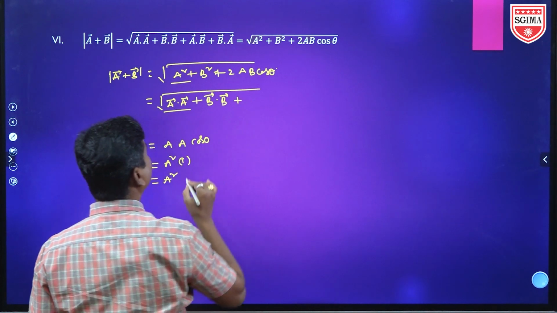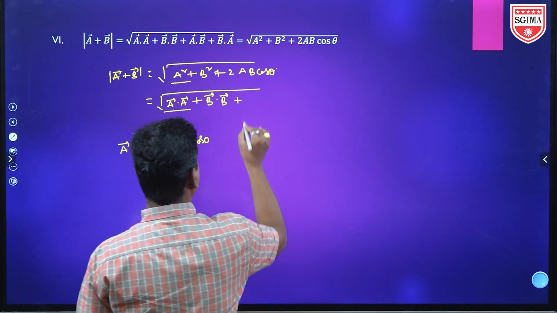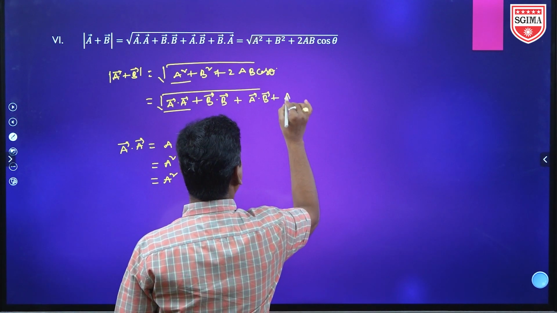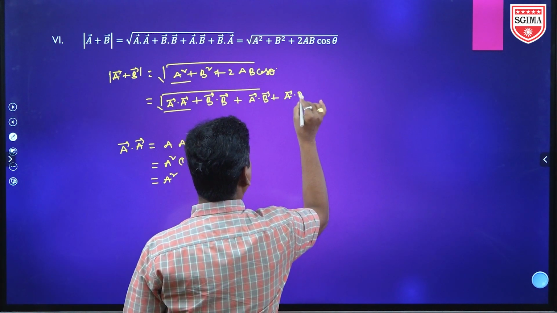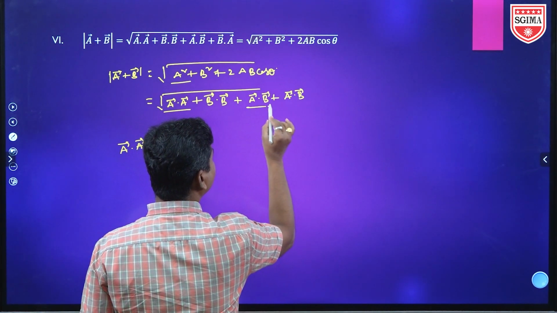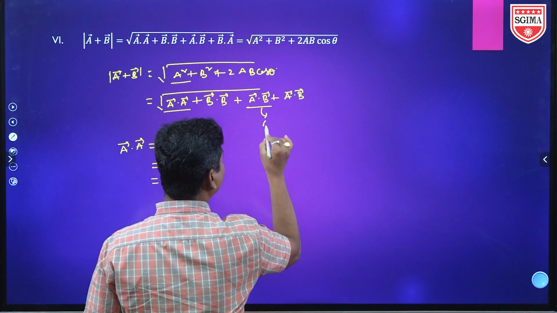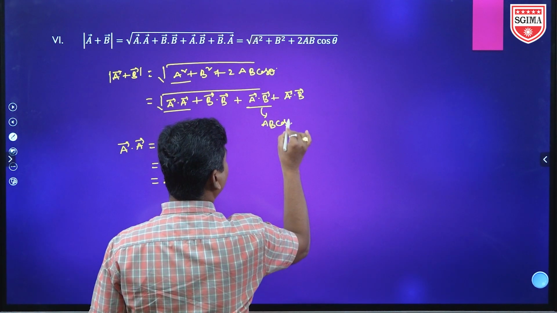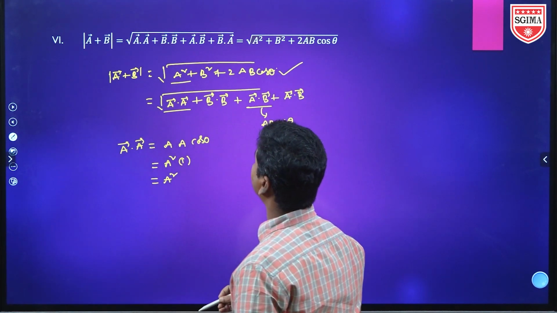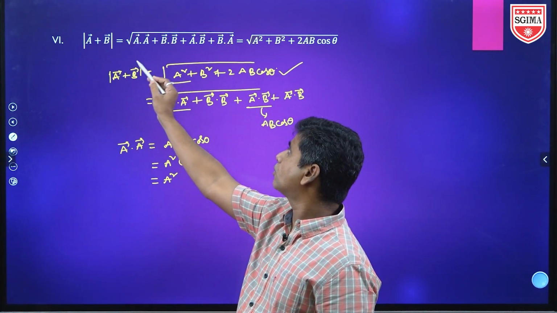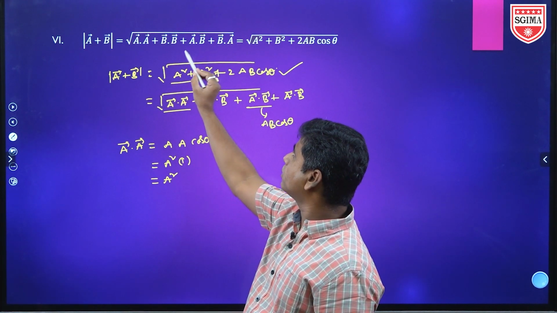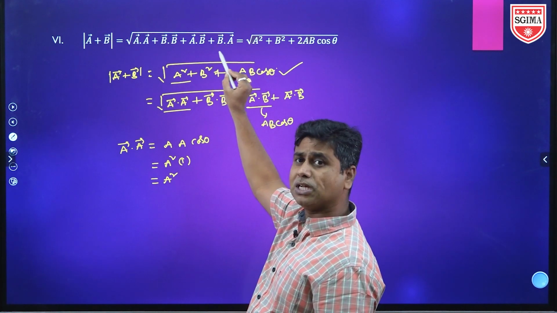Next to the plus, 2AB cos theta, here take A bar dot B bar plus A bar dot B bar, or B bar dot A bar also can be taken, no problem. Now A bar dot B bar means AB cos theta, and this is also AB cos theta. How many times repeated? Two times. Then we get this equation. That is why we write A bar plus B bar equal to under root A bar dot A bar plus B bar dot B bar plus A bar dot B bar plus B bar dot A bar.